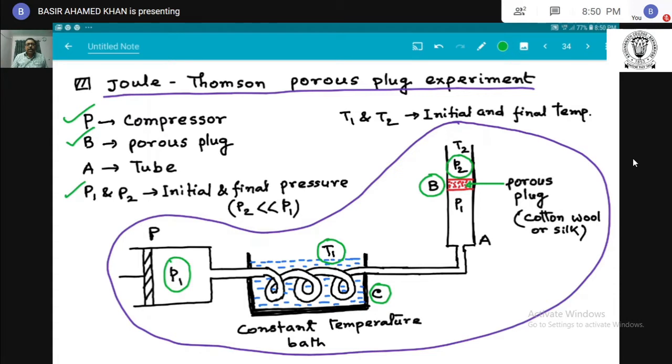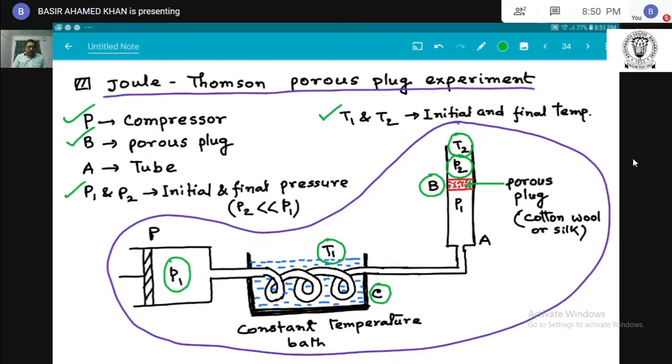That means the initial temperature of the gas before compression is T1, and after expansion the temperature of the gas is T2.